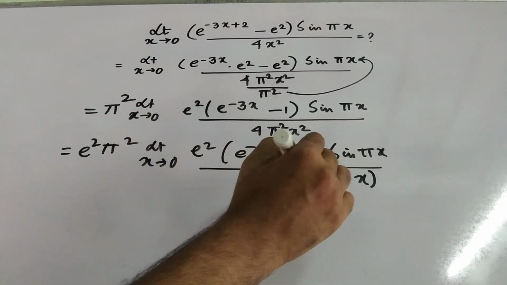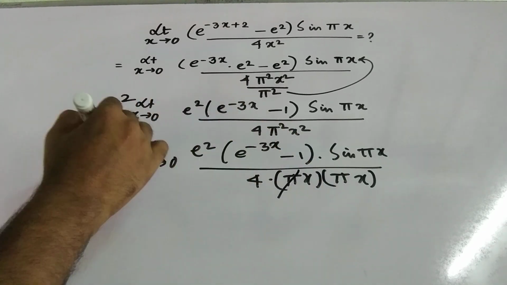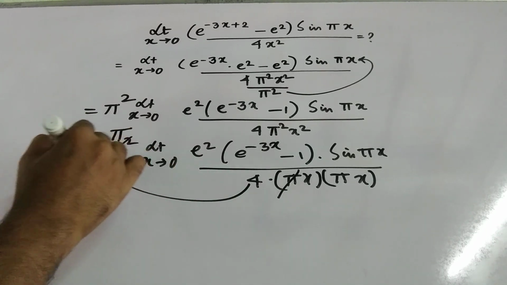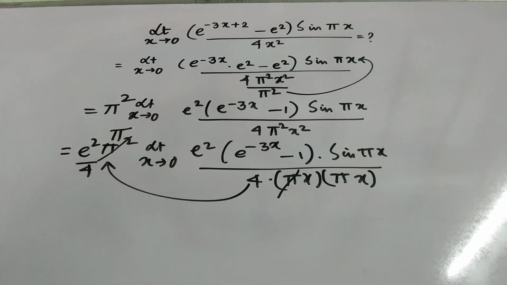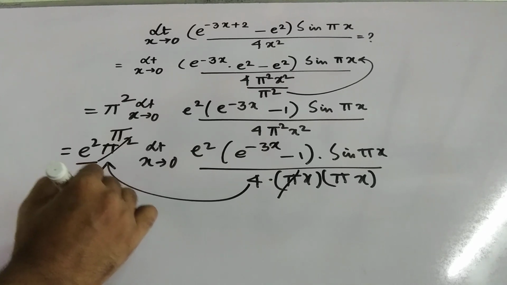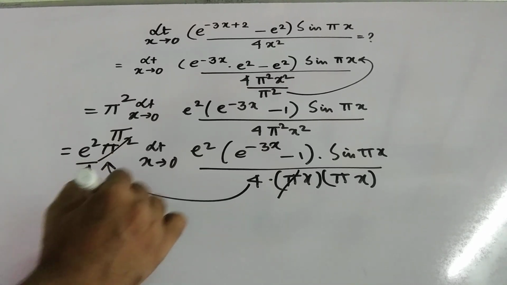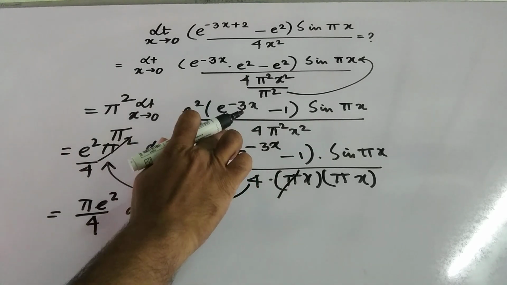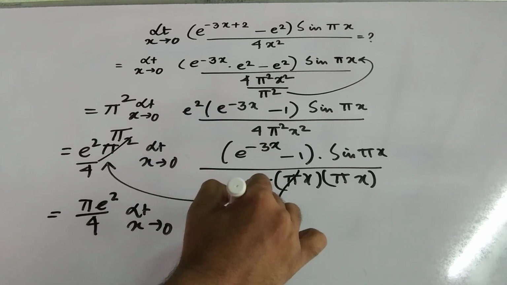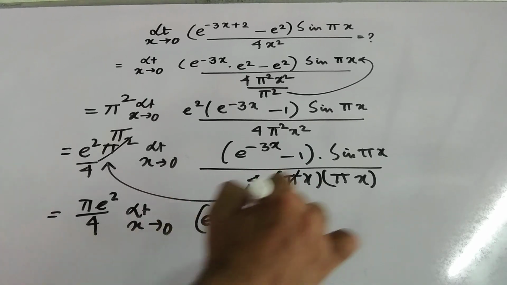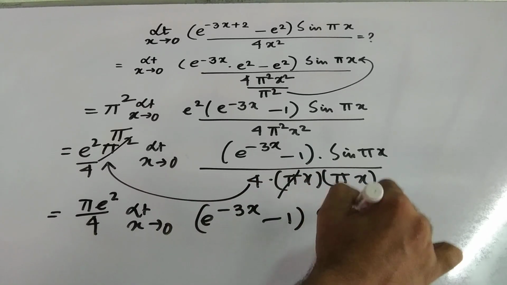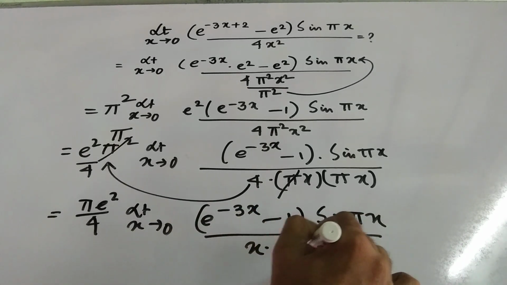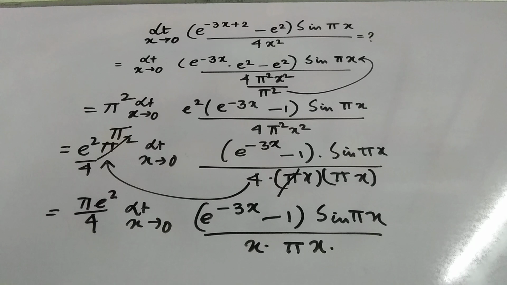Now 1 pi I can nullify because of this pi and this pi square, so there will be 1 pi, and 4 can come out of the limiting expression because 4 is also a constant. So it will be pi e square by 4 limit x tends to 0 e to the power minus 3x minus 1 then sine pi x by x into pi x, right?